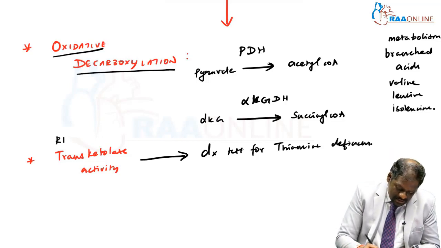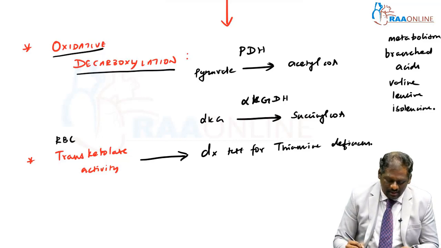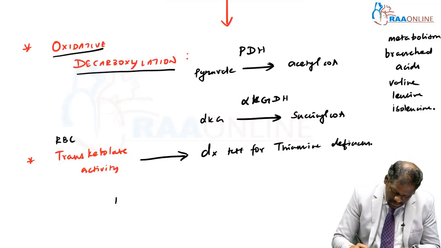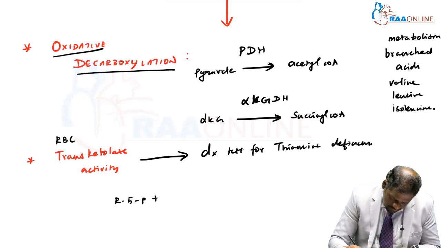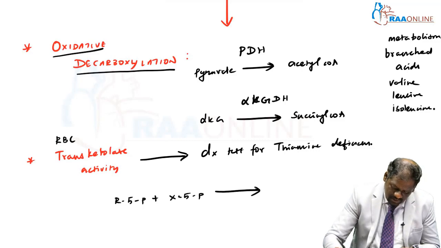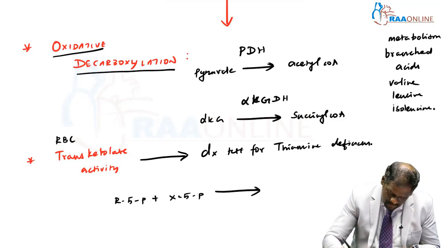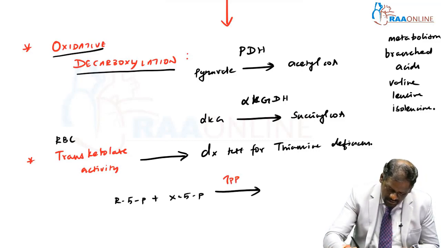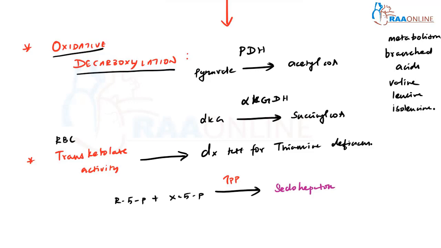RBC transketolase activity. So in this, what happens? Ribose 5 phosphate with xylulose 5 phosphate, in the presence of thiamine pyrophosphate, will get converted into sedoheptulose 7 phosphate, which is 7 carbon, from 5 carbon and 5 carbon.